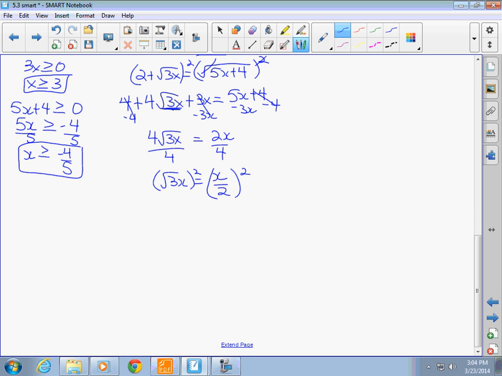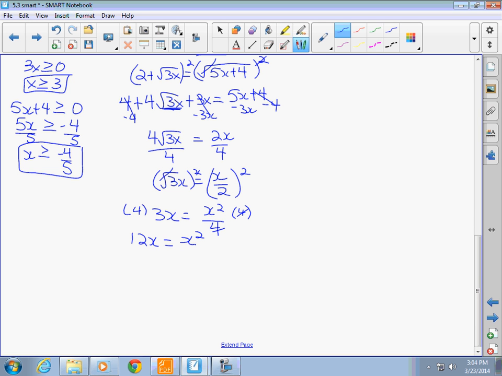Remember, if you square a fraction, you square the numerator and the denominator. 3x is equal to x squared over 4. Now I need to finish solving. If I multiply by 4, I have 12x is equal to x squared.